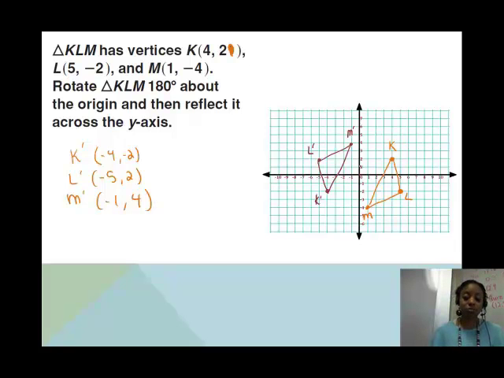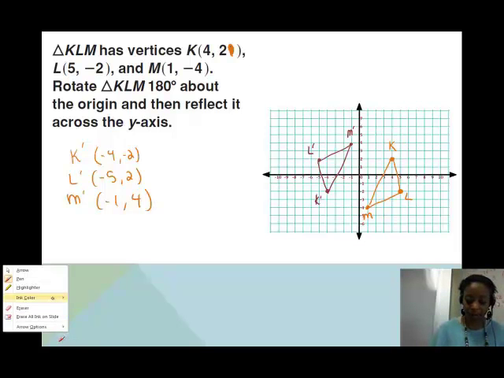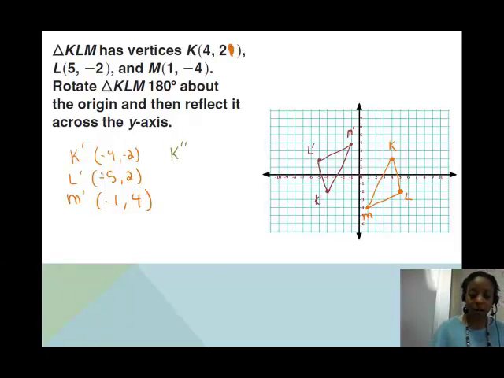Now I have to reflect it over the y-axis. So I'm going to call these new image points K double prime, which takes these and reflects them over the y-axis, which means all the x values become opposite. So it would be 4, negative 2. L double prime would be 5, 2. And M double prime would be 1, 4.